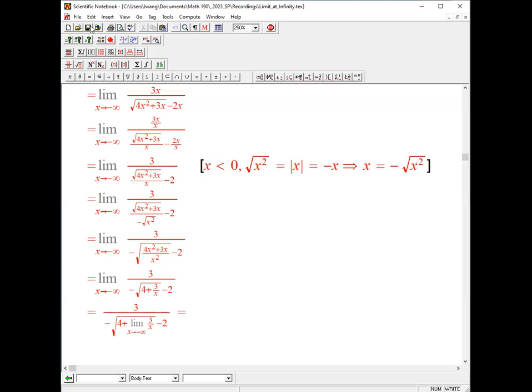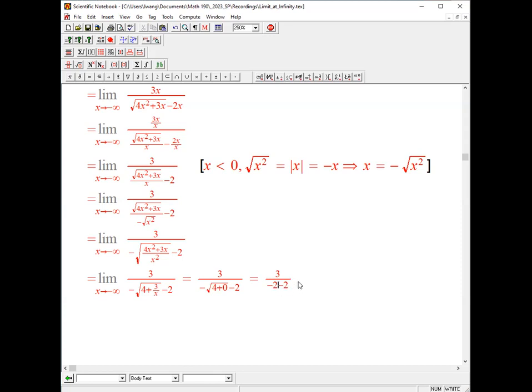And next step, this whole thing, right? The limit here is 0. Root 4 is 2.